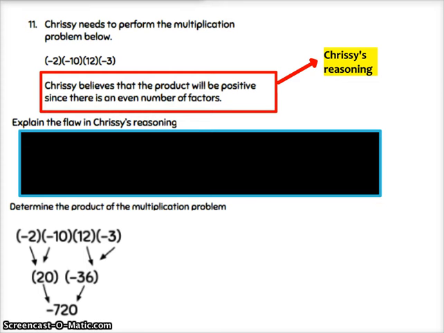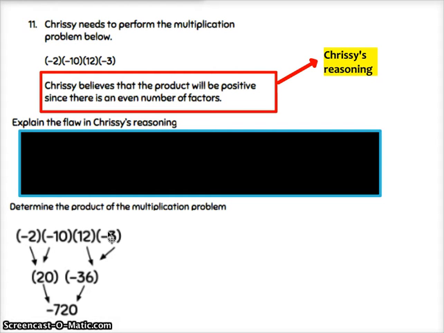But we still haven't explained the flaw in Chrissy's reasoning. Let's go back up now and see if her reasoning makes sense. Again, Chrissy believes that the product will be positive. Okay, stop right there. Because we just did the problem, and the answer is not positive. The answer is negative. So clearly there's a flaw in her reasoning. Just because there are 1, 2, 3, 4 factors doesn't mean that the answer is going to be positive.